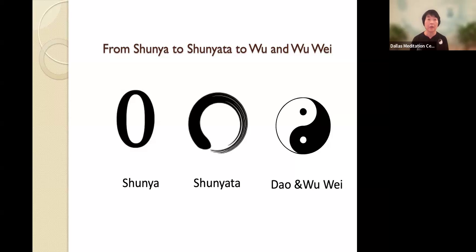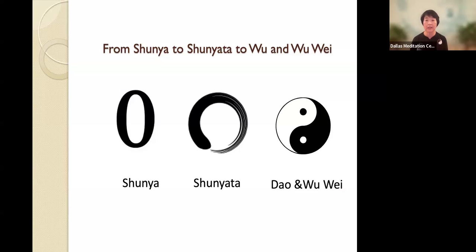When it's translated into English, we usually translate it as emptiness or void. But probably there's some kind of distance between its original text and translation in English. And you can see the symbol that makes sense. The 0 is a 0.